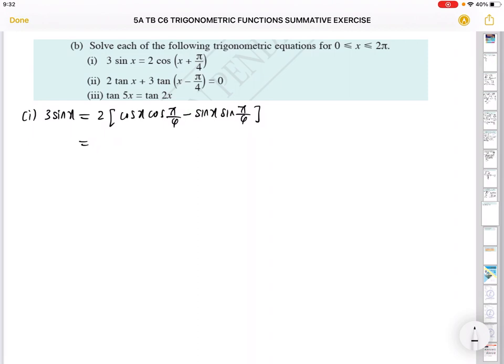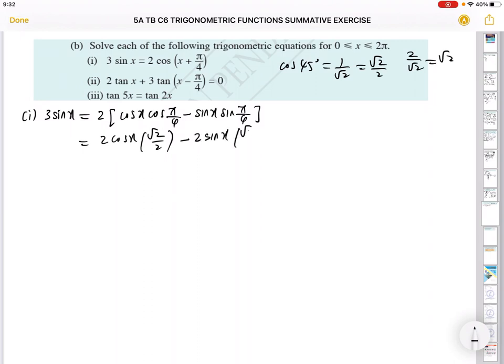So I figure it's actually easier to use root 2 over 2, so I can cancel with the 2 and get root 2. But if you do the other way around, 1 over root 2 also can, because 2 divided by root 2 is still root 2. So this one you times in 2 sine x, also the same, root 2 over 2, cancel them, left with root 2 cos x minus root 2 sine x.